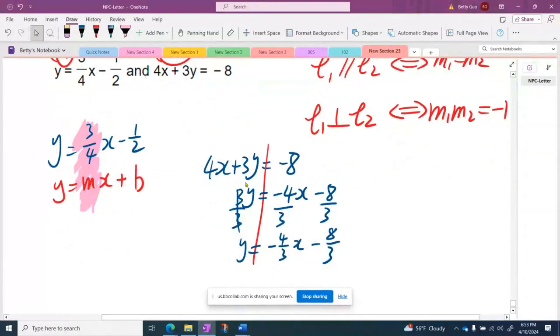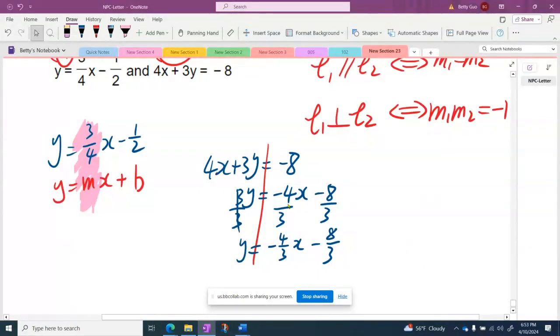Let me know if I went too fast here. What happened is the second equation is in the standard form. If you do not want to memorize one extra formula, you can rewrite the equation in the slope-intercept form. It's pretty convenient.